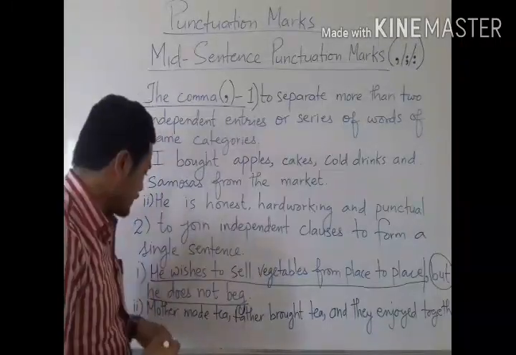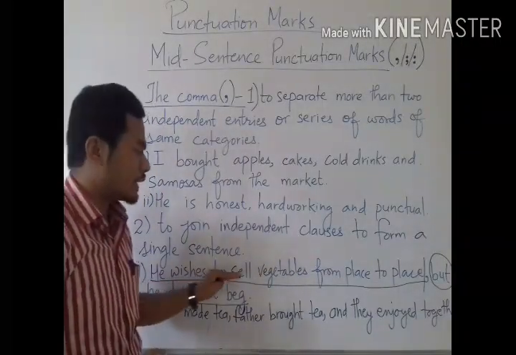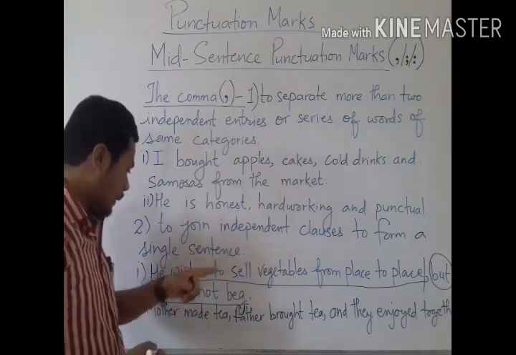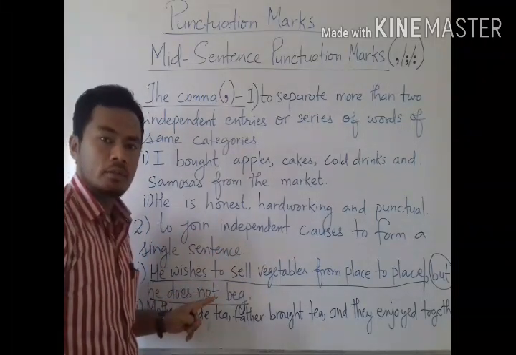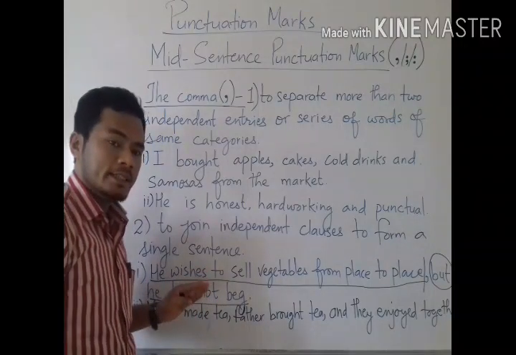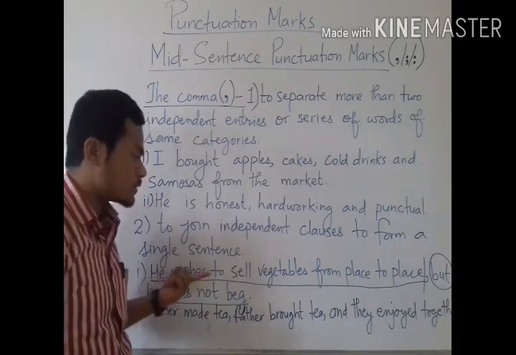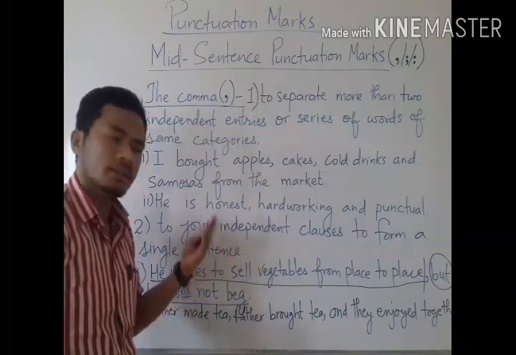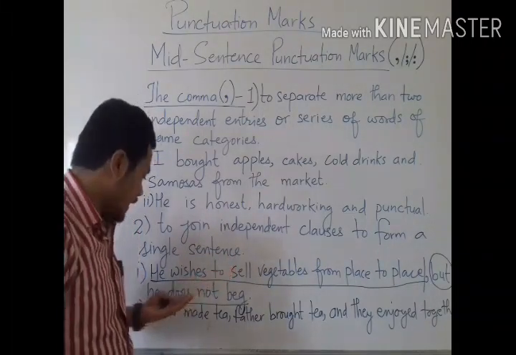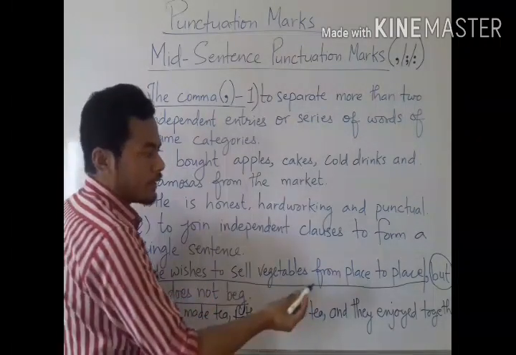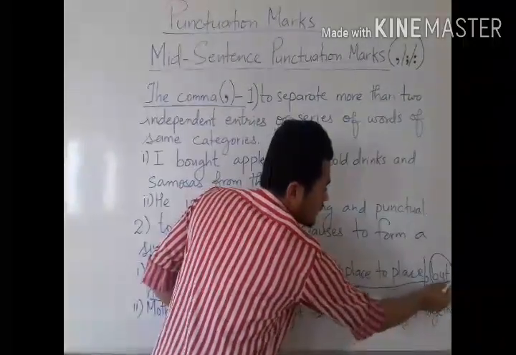Just take this example: He wishes to sell vegetables from place to place, but he does not beg. Here the sentence is made by two independent clauses. He wishes to sell vegetables from place to place is the first independent clause, and he does not beg is also an independent clause, joined by the conjunction but.